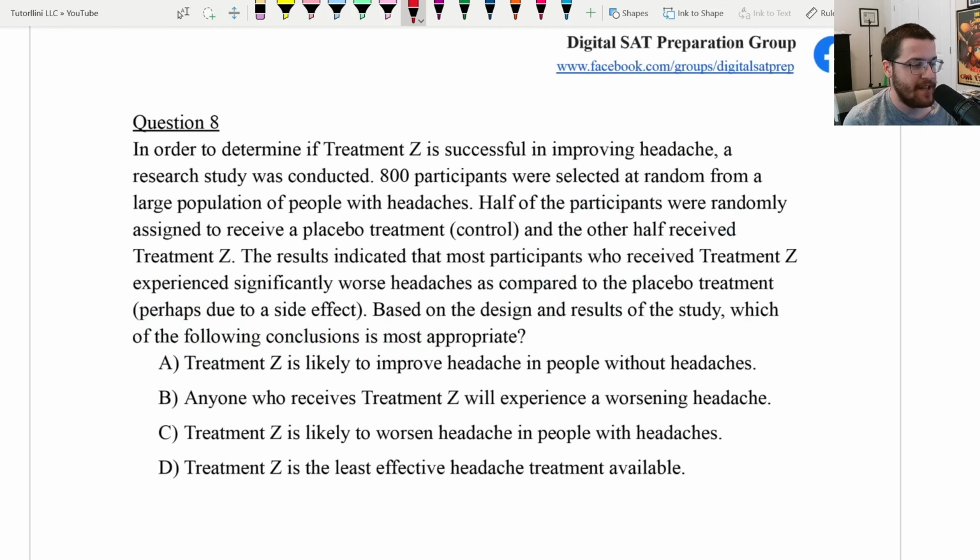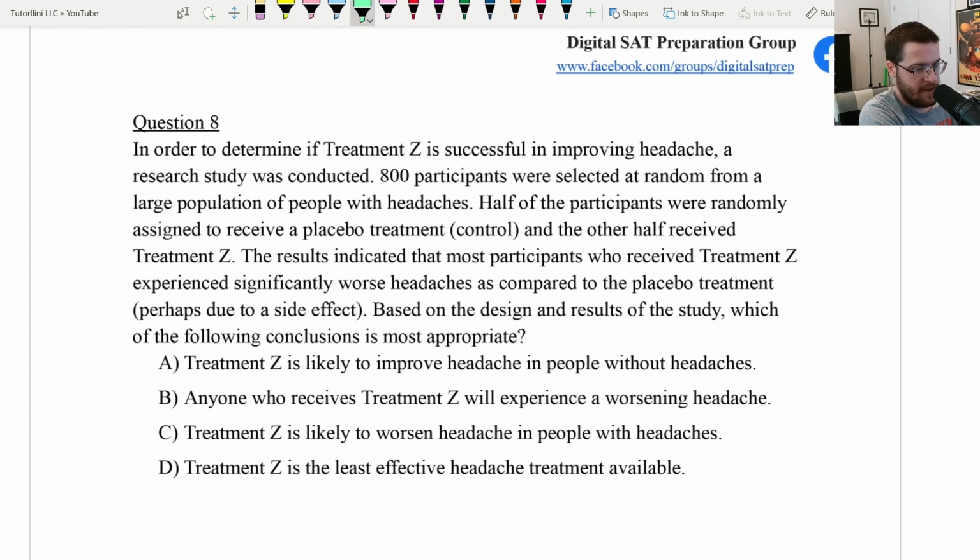Okay, question 8. This one is definitely an experiment because we've got treatments to assign, right? So when we look at experiments, as we talked about, we're looking for whether they were randomly selected, which isn't always practical in real life because you can't just force people to take some new treatment, and we're looking for random assignment.